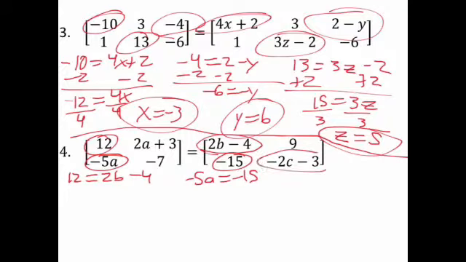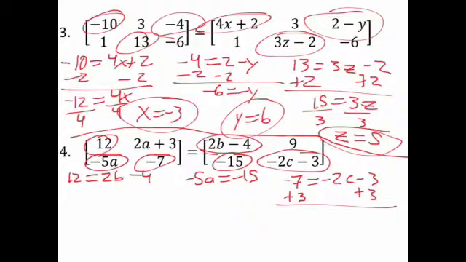And then my last piece, I need to get some equation that has c in it. You'll get negative 7 equals negative 2c minus 3. If you add 3 to both sides on this one, I'm just going to start on my right equation. You'll get negative 2c on the right side, negative 4 on the left. Divide both sides by negative 2. You'll get c equals positive 2.